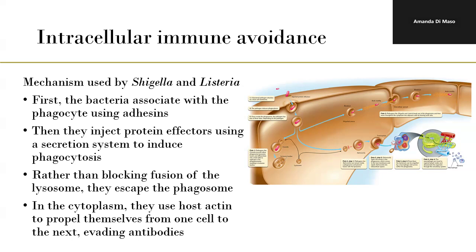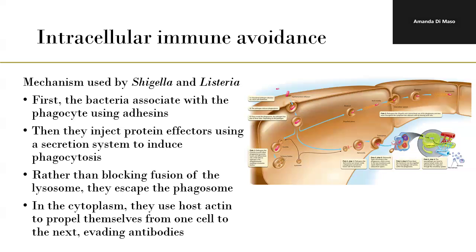So first thing the bacteria does is it has to associate with the phagocyte. It has to attach to the phagocyte. Then it's going to inject the proteins, the exotoxins that allow it to be taken up. But rather than blocking the fusion of the phagosome and the lysosome, they just escape the phagosome. They say, this thing is coming to kill me.